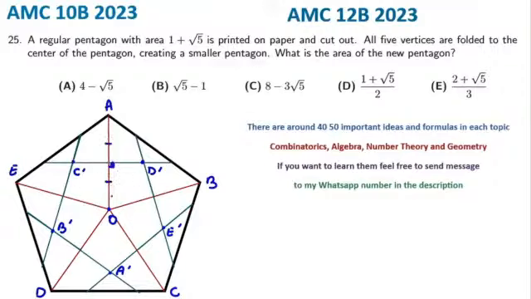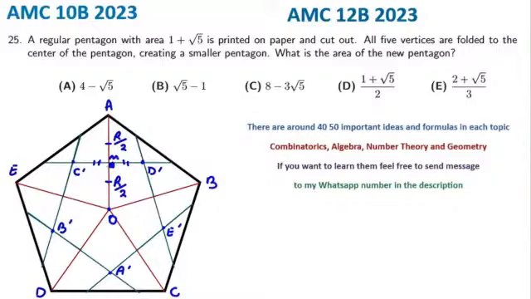So by similarity, this one is the perpendicular bisector of this side. So we know if OA is R, this one is R over 2, this one is R over 2. And O is also the center of A prime, B prime, C prime, D prime, E prime. So I say the perpendicular, for example, is OM.